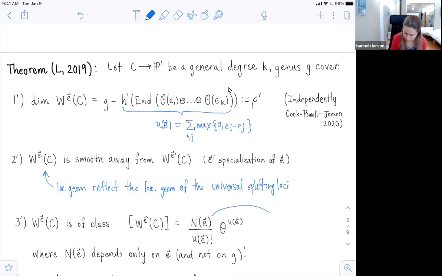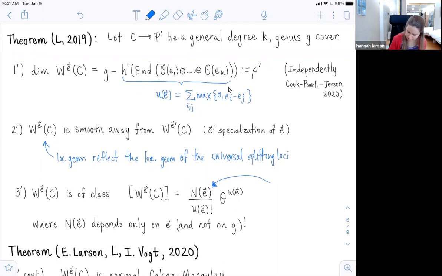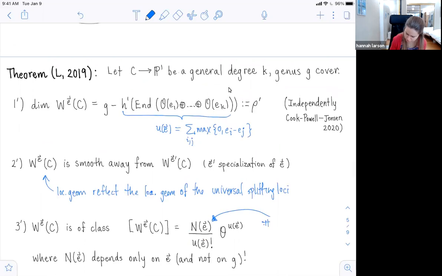So one interpretation of this number, this numerator, as I've written it here, is that it's equal to the number of points in W^e(C) in the case when it has dimension 0. Unfortunately, the intersection theory formulas I used to prove this are very complicated and nearly impossible to write down. So this number, N(e), remained quite a mystery to me.